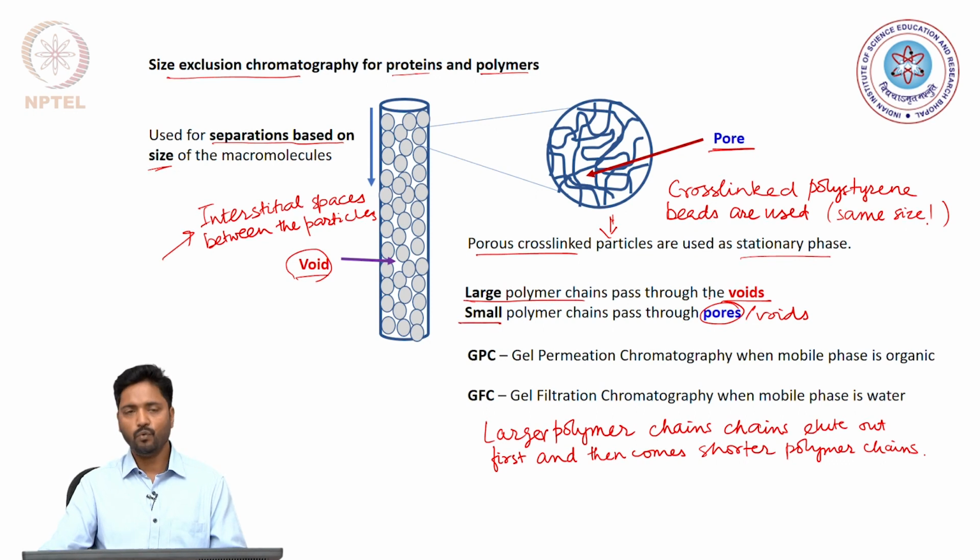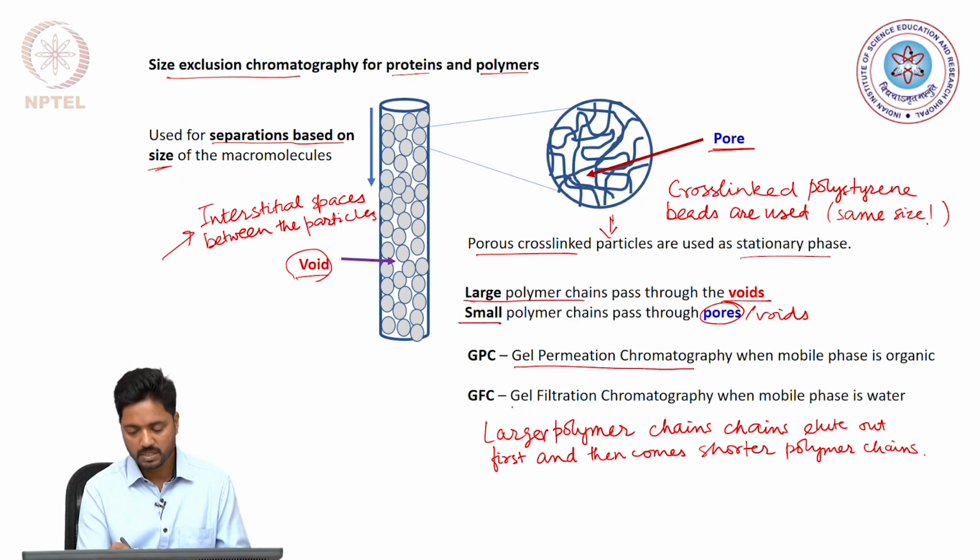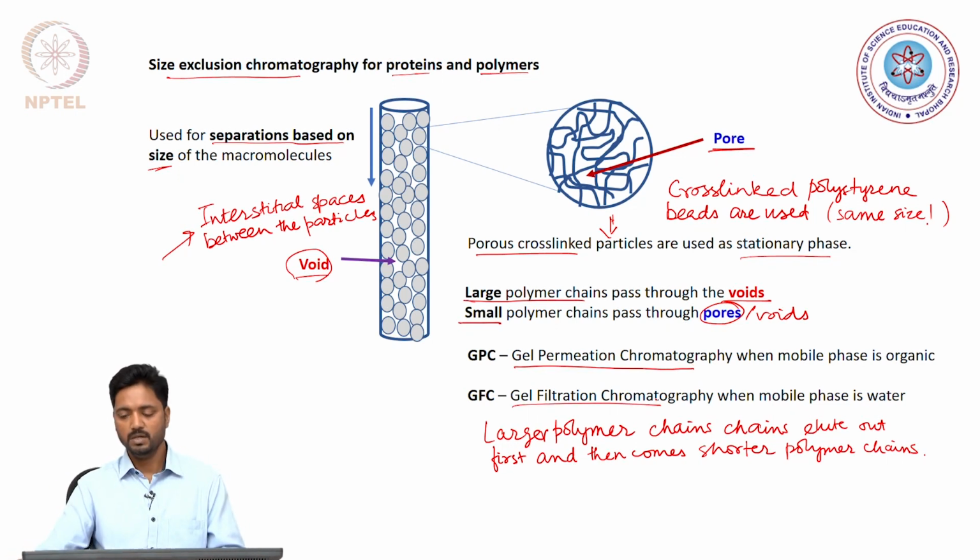Based on what mobile phase is used in this chromatographic technique, we call it either gel permeation chromatography or gel filtration chromatography. GPC, or gel permeation chromatography, is the term used when the mobile phase is organic, and if the mobile phase is aqueous, then we use the term gel filtration chromatography.